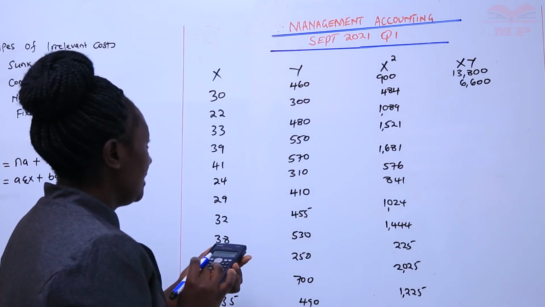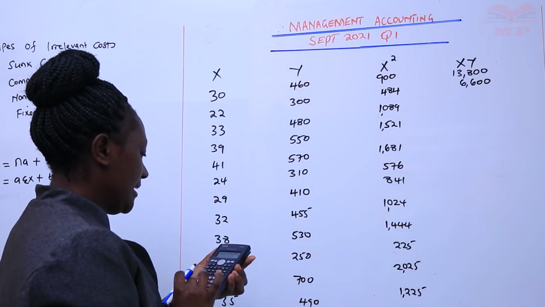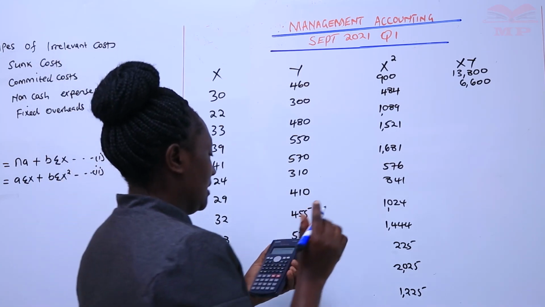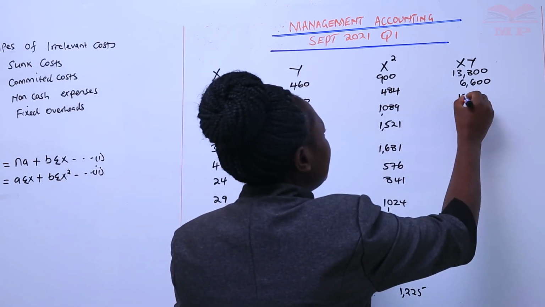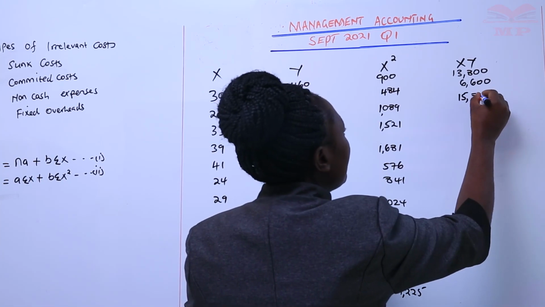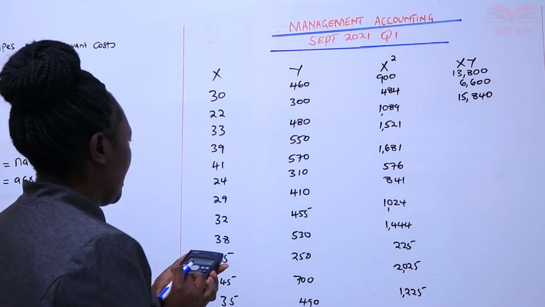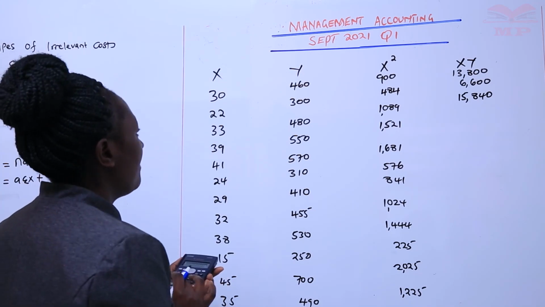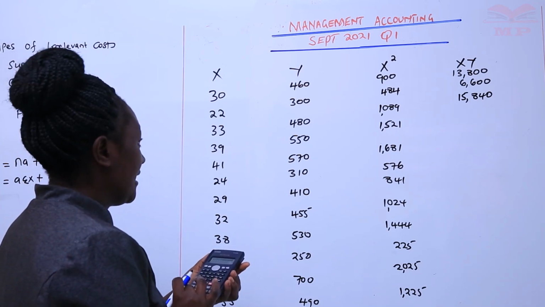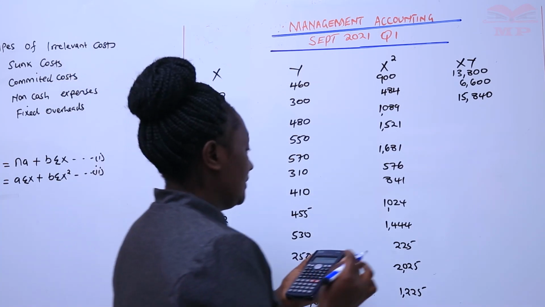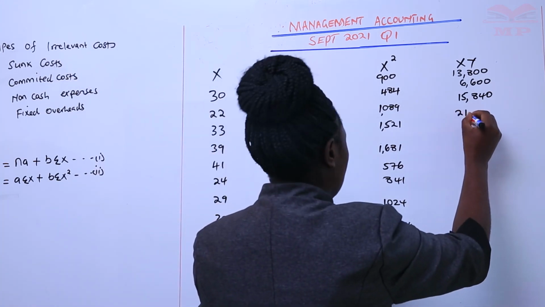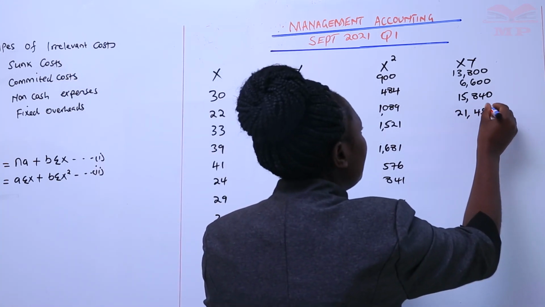Then 33 multiplied by 480 will give us 15,840. The next one is 39 multiplied by 550, and this will give us 21,450.